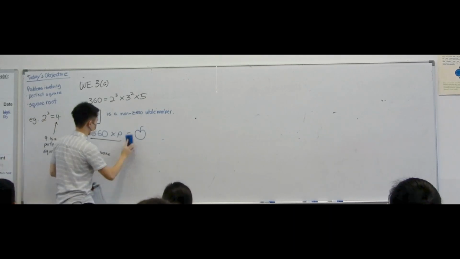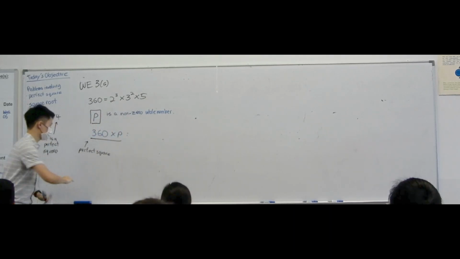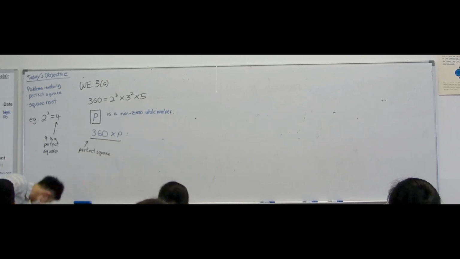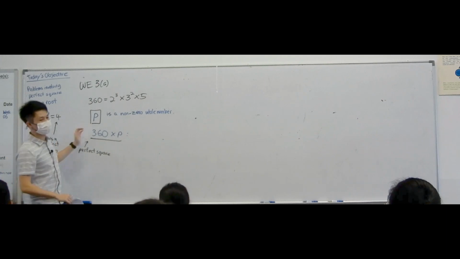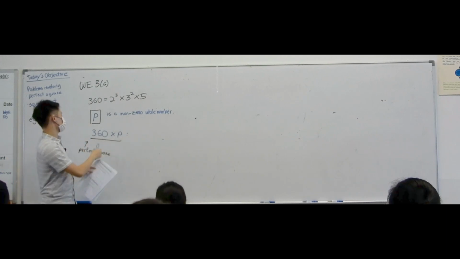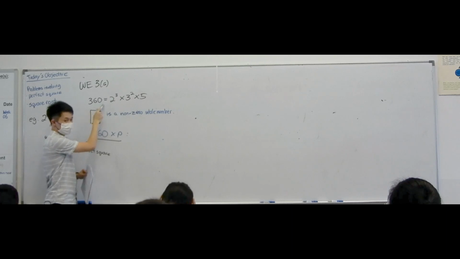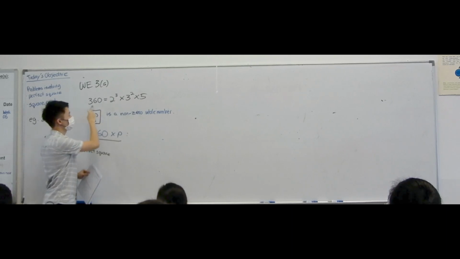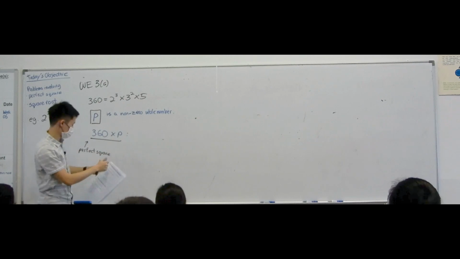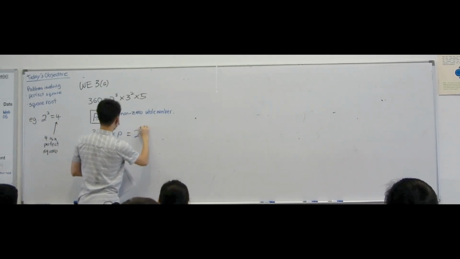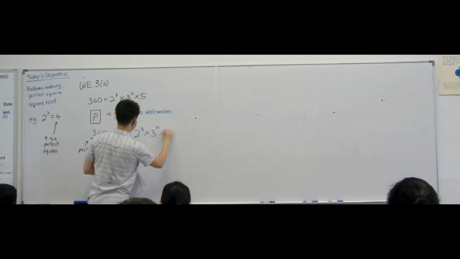But I'm going to remove the cherry first, and replace it with what I know. What I have from the question is the prime factorization, the product of prime factors. So I'm going to replace it with 2 cubed times 3 squared times 5.